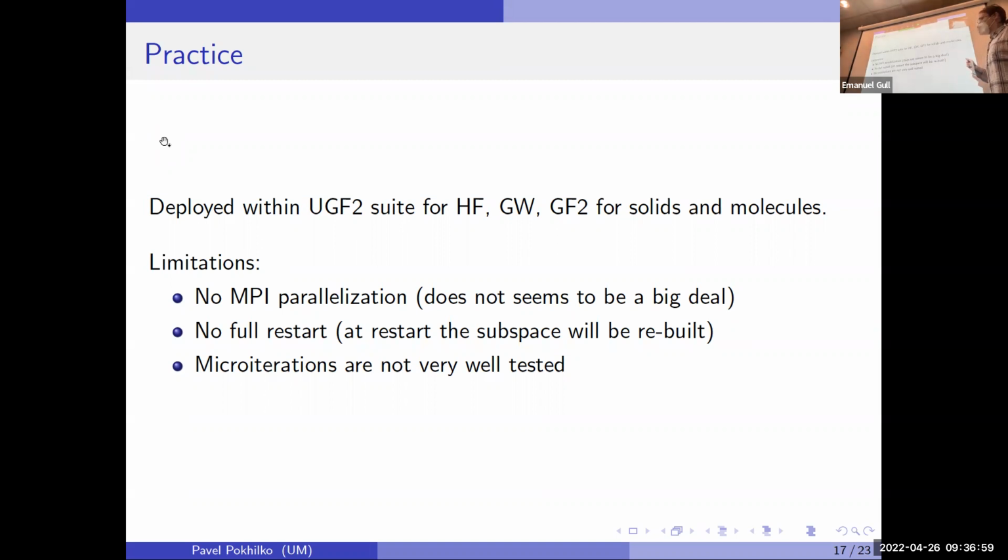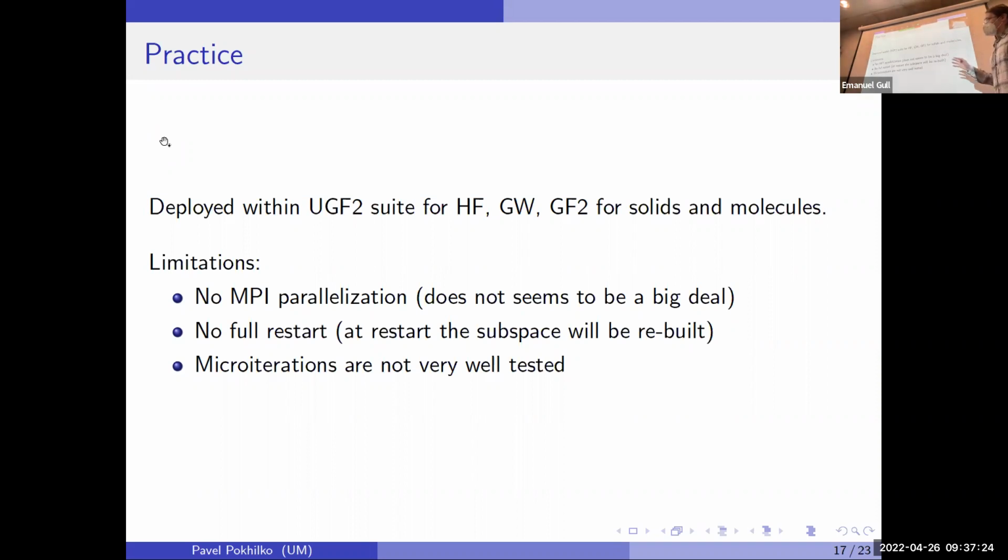At the moment, I have only a kind of limited restart. All the old functionality works, but I don't rebuild the entire space. So if you want to restart the calculation, first it will build the extrapolation space and then continue working with it. But I will talk about how to restart the calculation correctly.